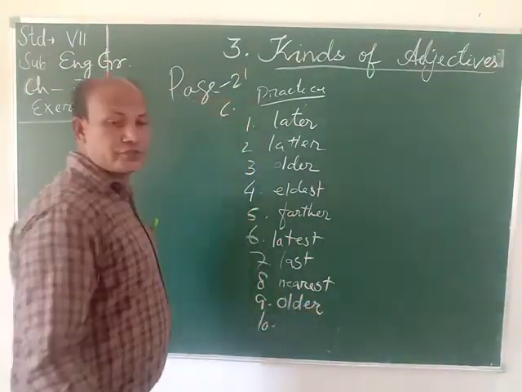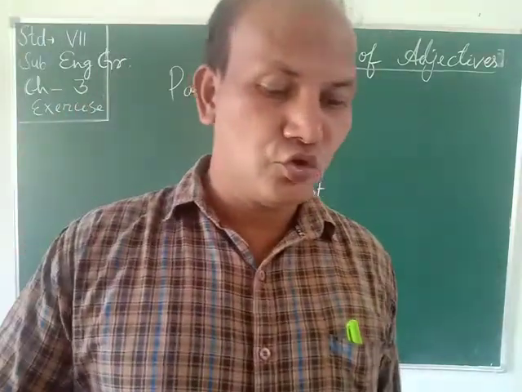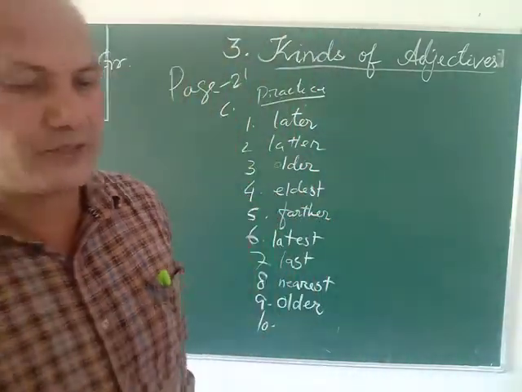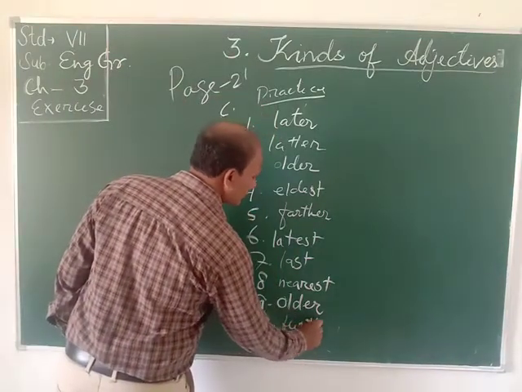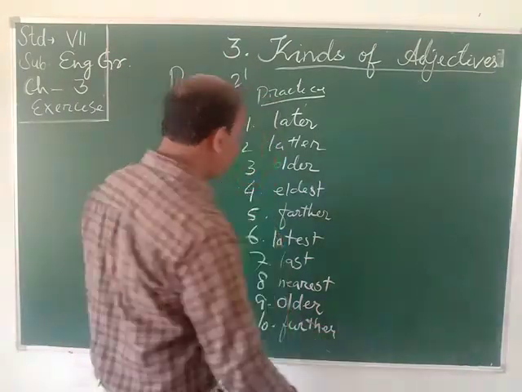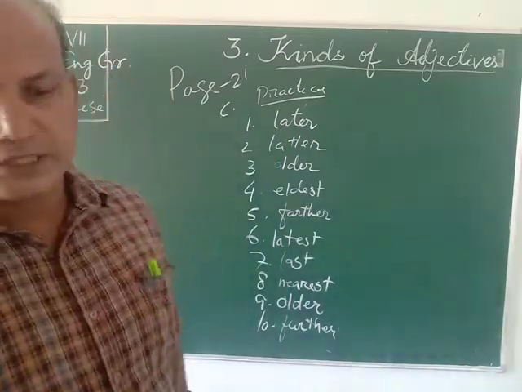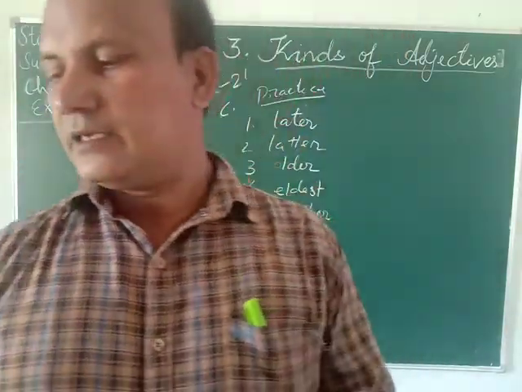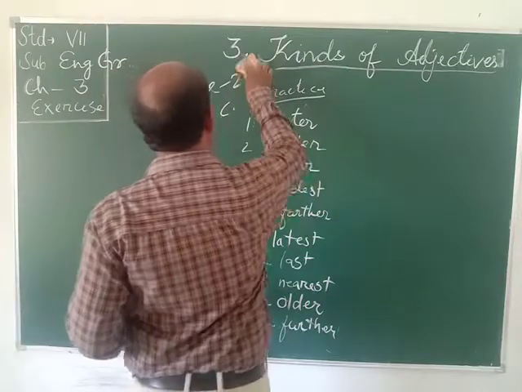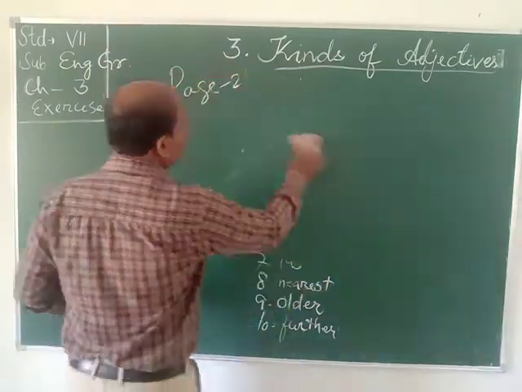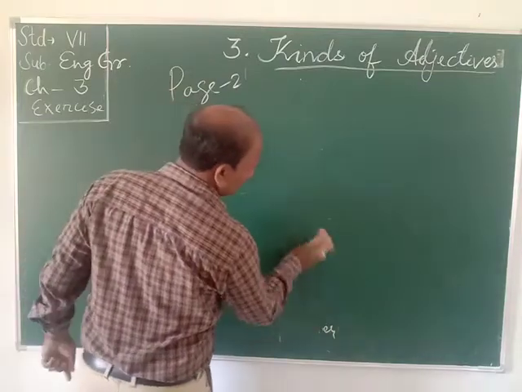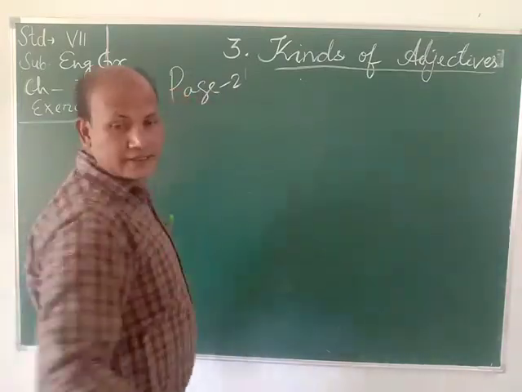And 10 number question, stop. No further, F-U-R-T-H-E-R. Further argument, please. Solve this about C number and let's discuss page number 22. And the rest of it we shall do as practice.